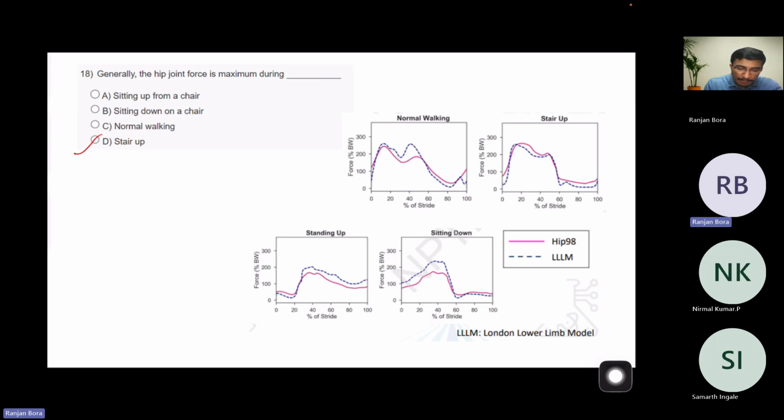When standing up, the hip joint reaction force is less than 200 percent, and while sitting down, it is also less than 200 percent. While stair climbing, it is around 260, and for normal walking, it is around 240. So maximum is for stair climbing, D. Okay.